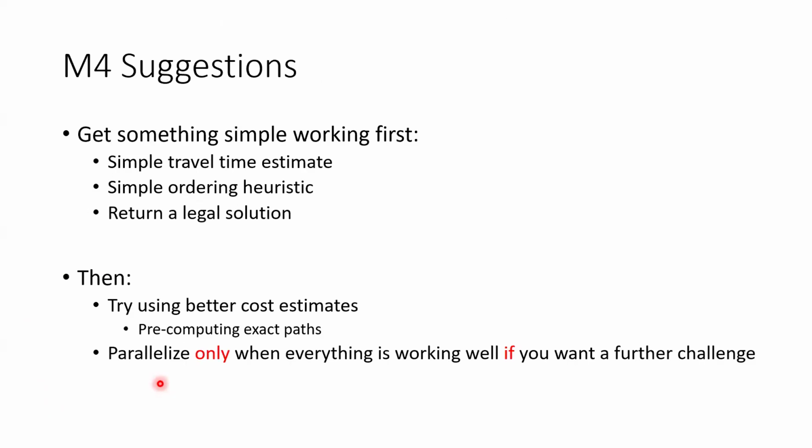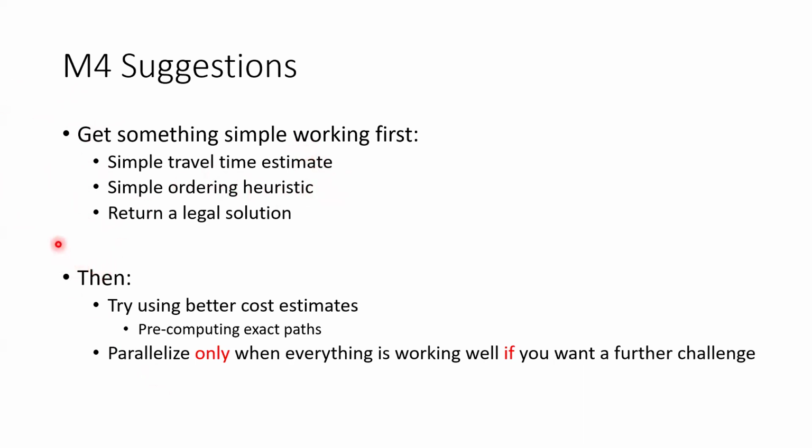And for your M4, our suggestion is just first get something simple working using the simplest algorithm you can, because we have given you already the multi-destination Dijkstra. You should be able to use that for travel time estimation.